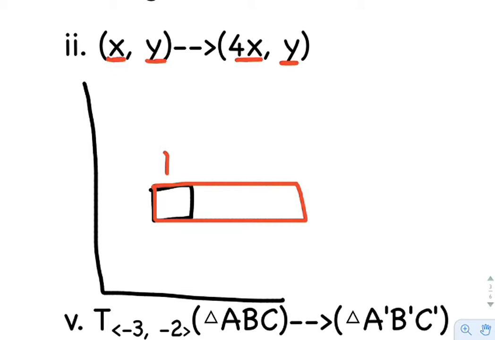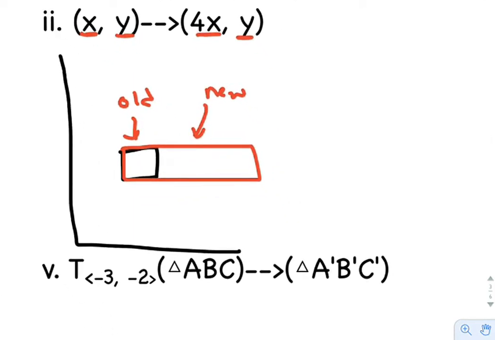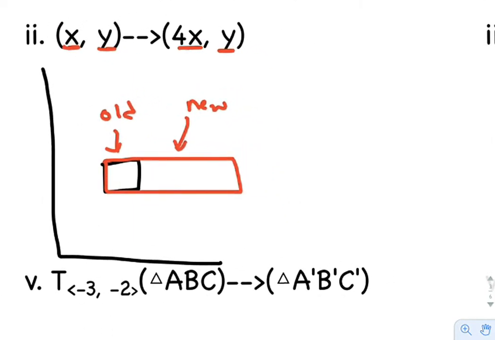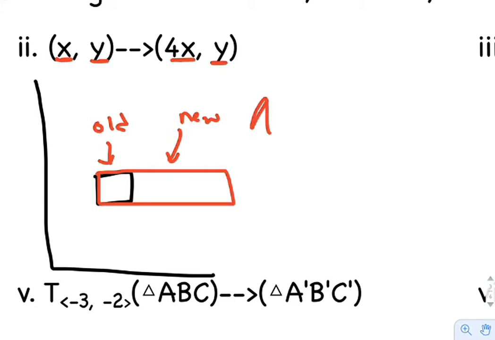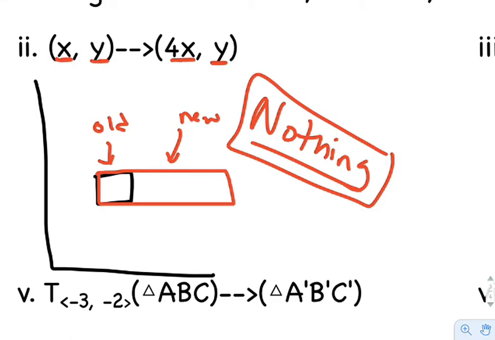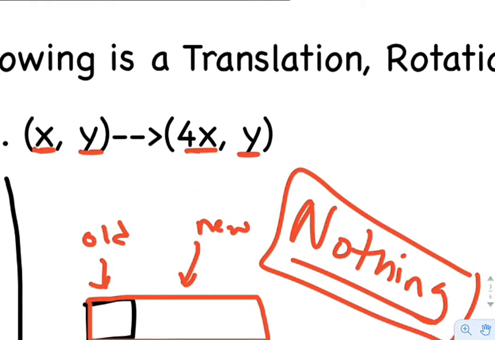Okay, so this is my old object. This is my new object. Okay, that's definitely not a rotation, translation, or reflection, but it's also not a dilation either. So this is actually nothing. Because if it was a dilation, you'd actually need the same number to multiply it to be a dilation.